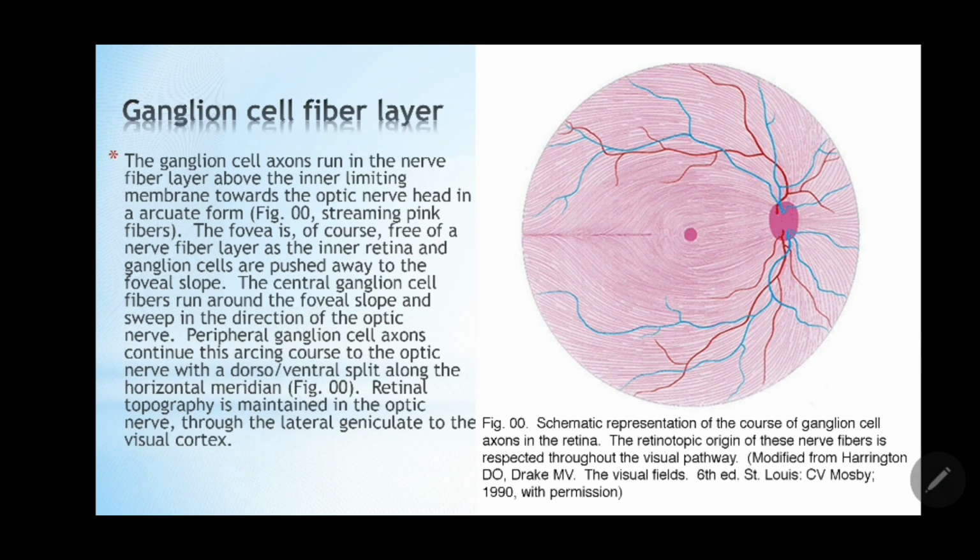And now let's give it a reading fast, because this is important. The ganglion cell fiber layer is the 9th layer, and this continues as the optic nerve fibers.